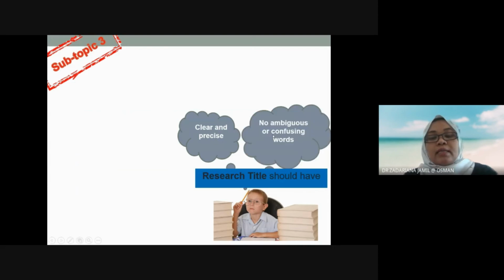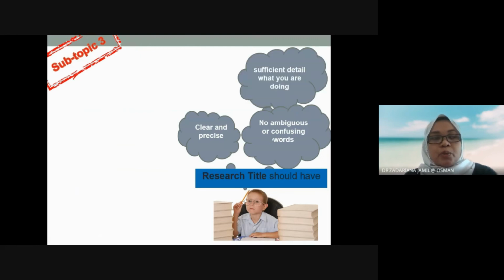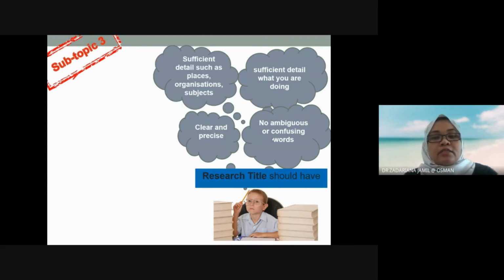No ambiguous or confusing words, sufficient detail of what you are doing, and sufficient details such as places, organization, and subjects used in your study.